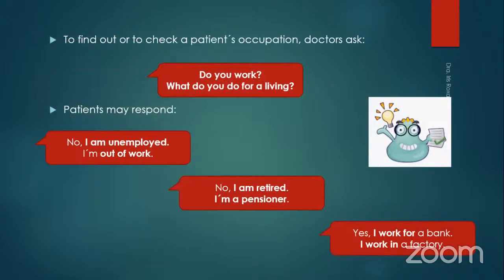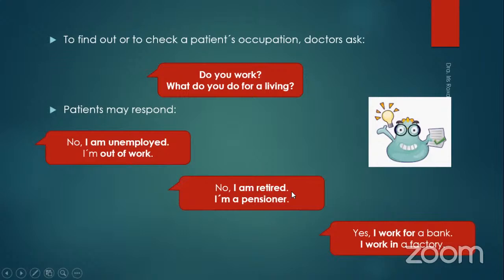Expressions that we must use to find out the patient's occupation. We as doctors can ask, do you work, or what do you do for a living? Both questions are the common ones. In that way, we have these possibilities for the answer, okay? No, I'm unemployed, or I'm out of work, the same.